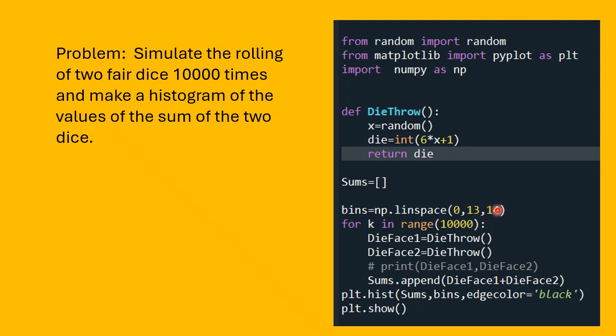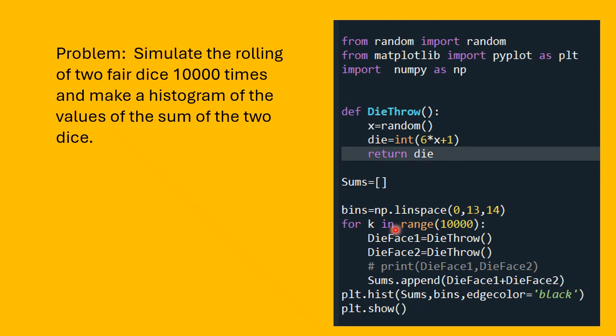And we're going to have 14 points on that x-axis between 0 and 13, which means that if you have 14 points equally spaced, that will give us 13 sub-intervals. And that's what we want in this case.